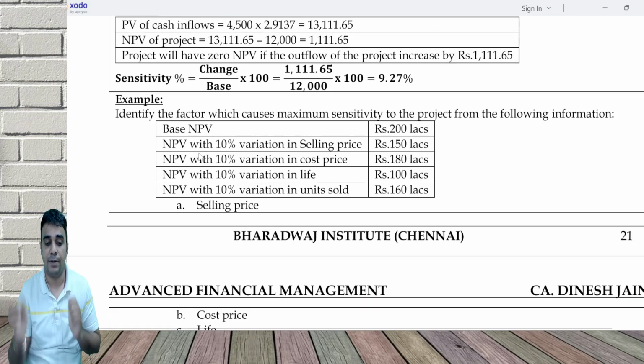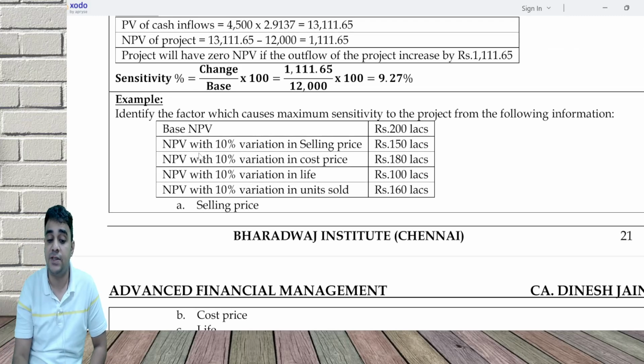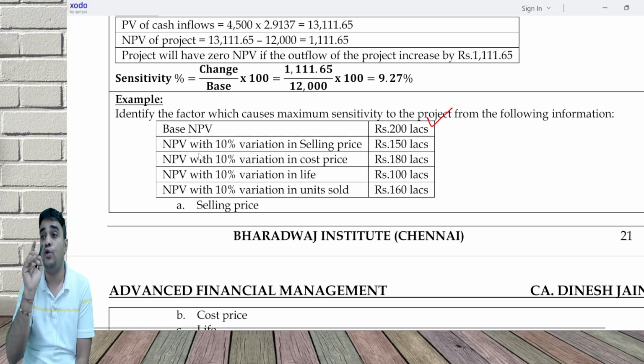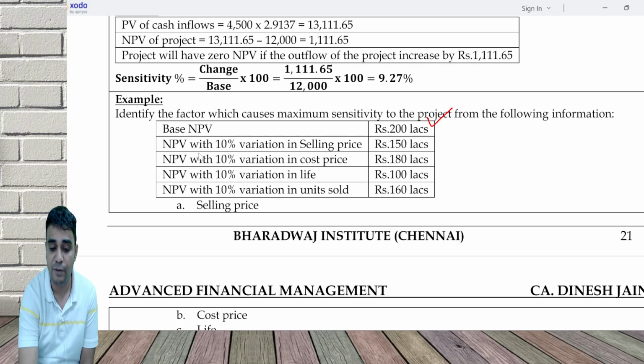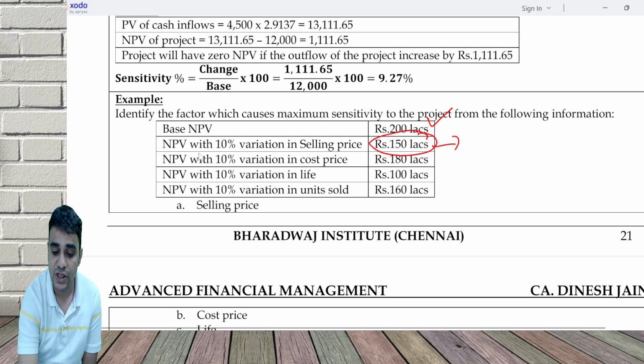Now, next example: identify the factor which has maximum sensitivity to the project. Base NPV 200. If you do a 10% decrease in selling price, NPV becomes how much? Which is a 25% fall from the original 200.